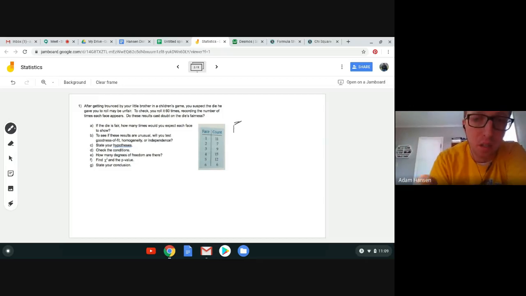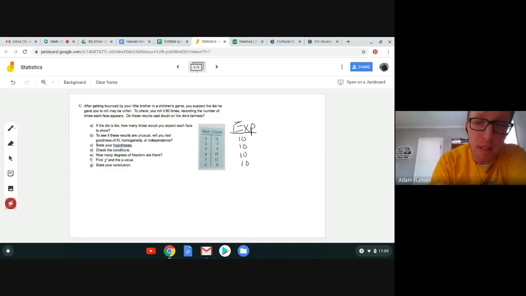My expected, well, 60 divided by 6 means that each one of these should be 10. I would get 10 ones, 10 twos, 10 threes, 10 fours, 10 fives, 10 sixes.